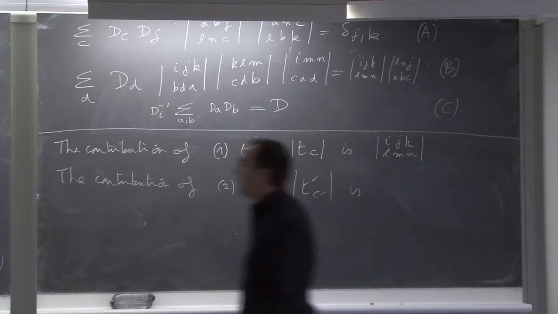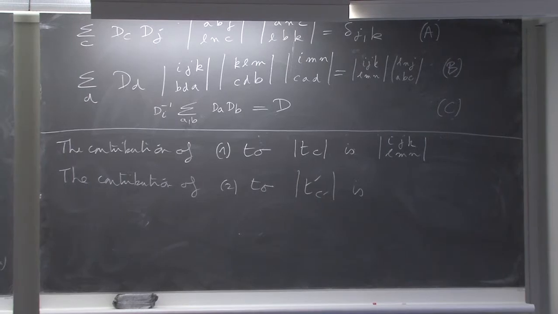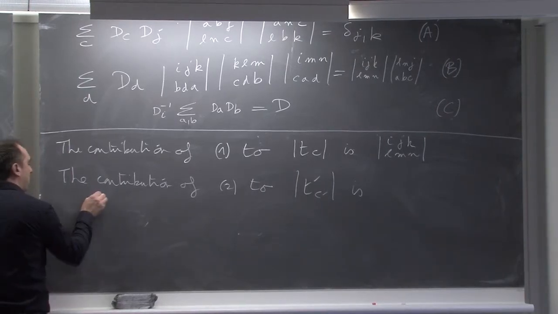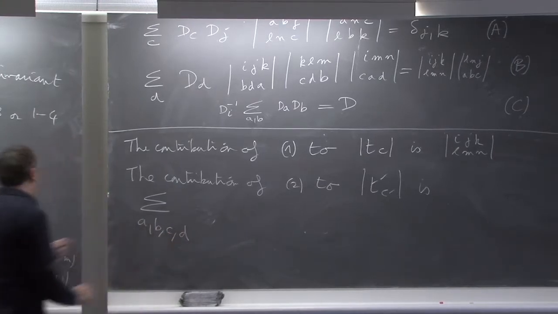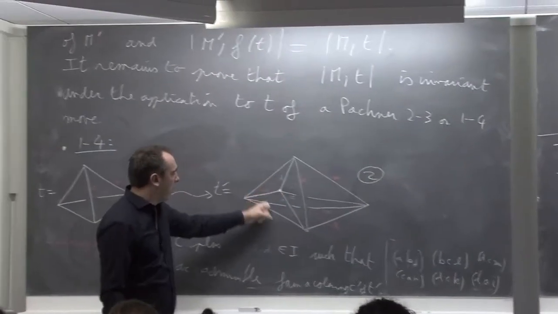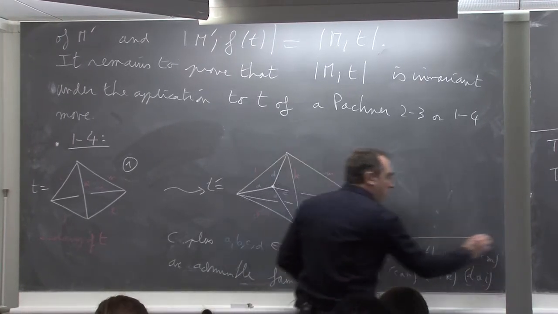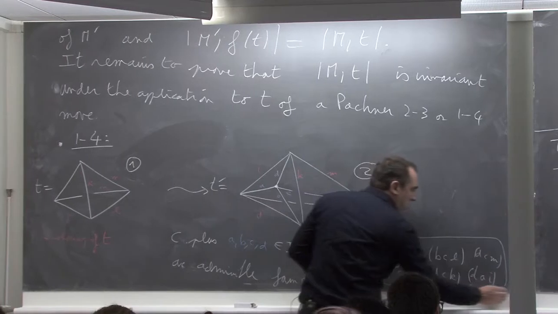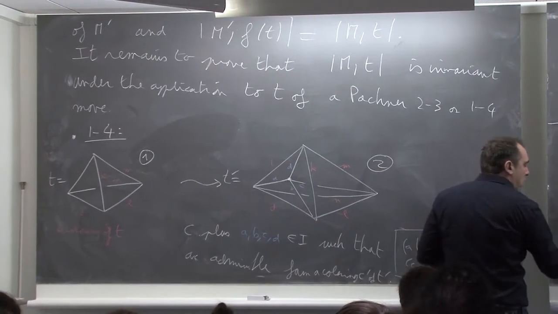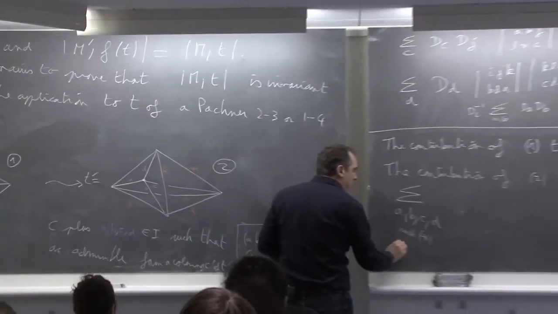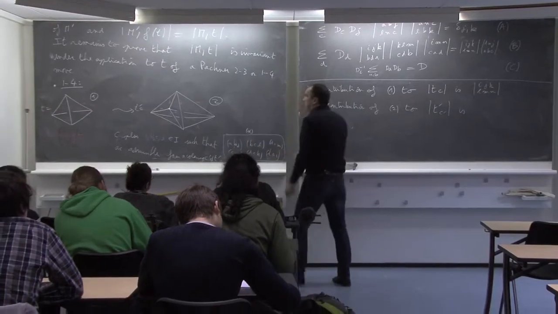So we look at the sum over A, B, C, D, the interior edges, such that these triples are admissible.